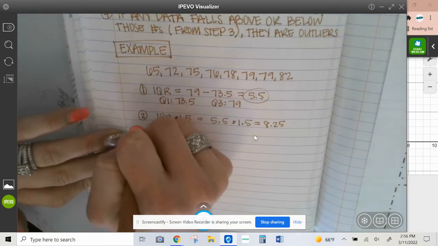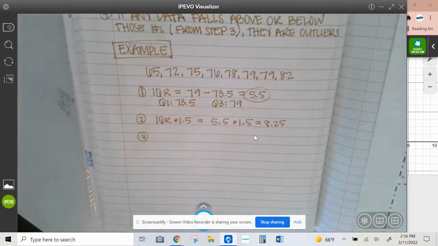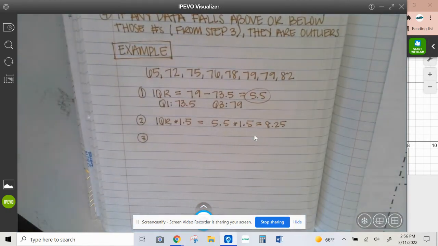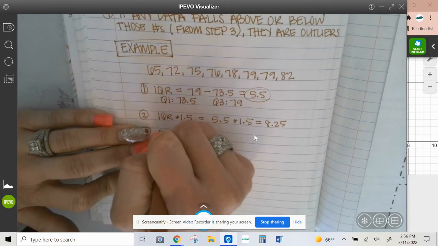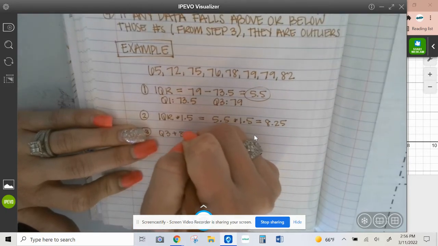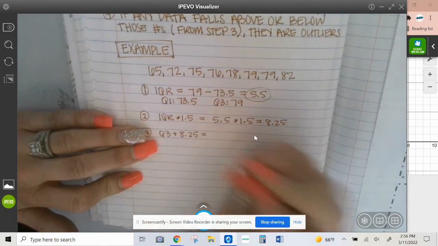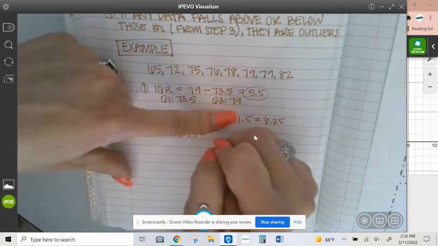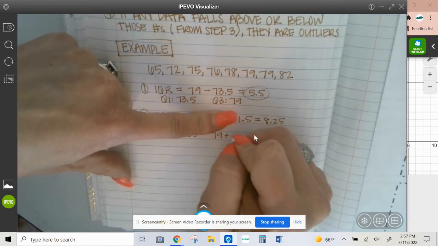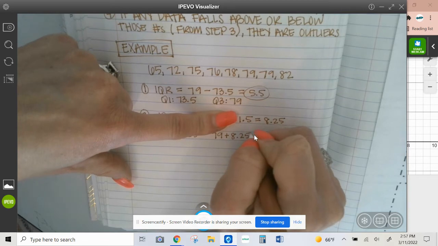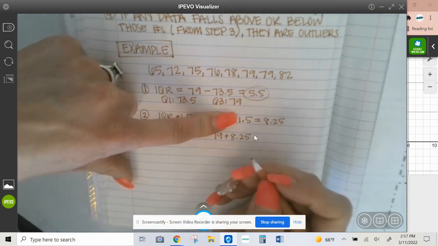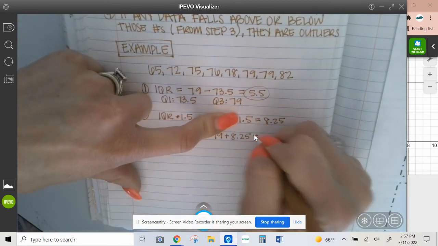Now my third step is to add that number to my quartile 3. So we're going to do quartile 3 plus 8.25. And my quartile 3 we wrote here was 79. So 79 plus 8.25 is 87.25.